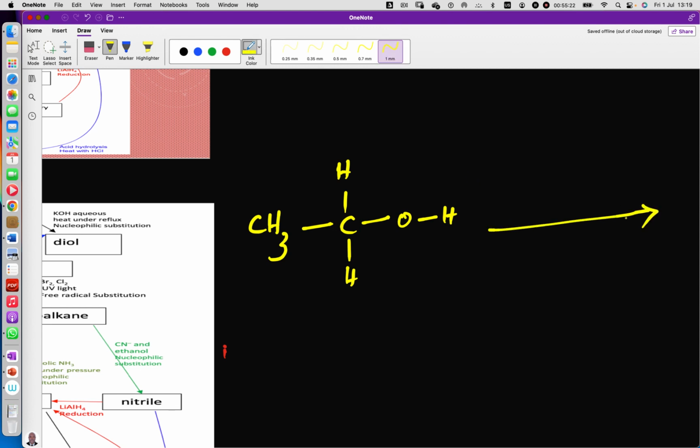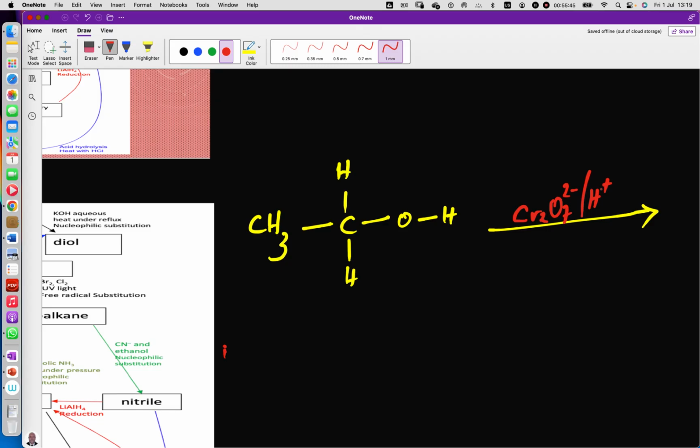we said the oxidizing agent is acidified potassium dichromate, Cr2O7 2 minus.